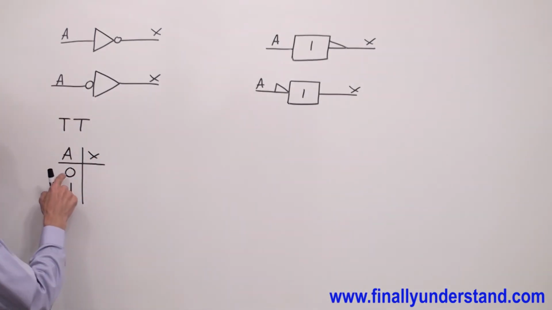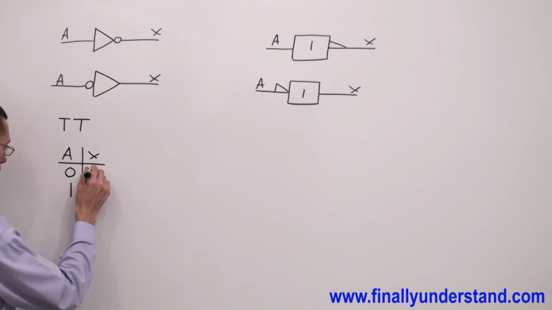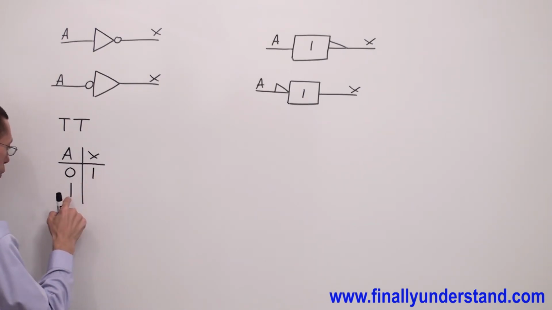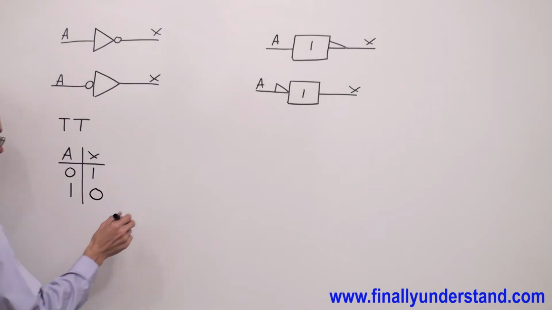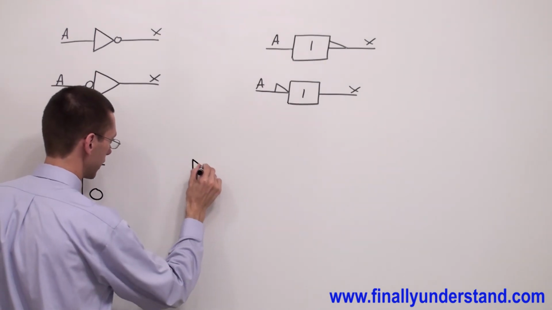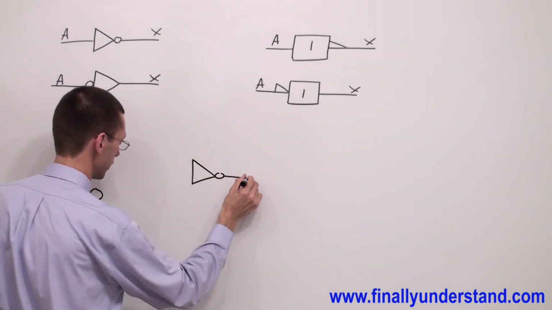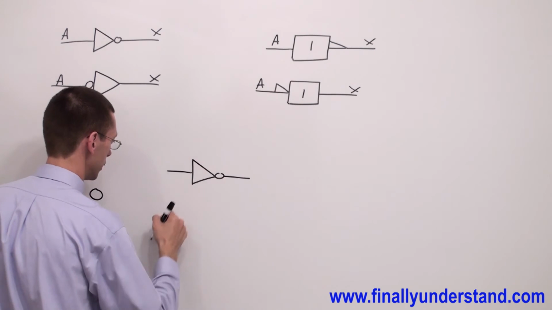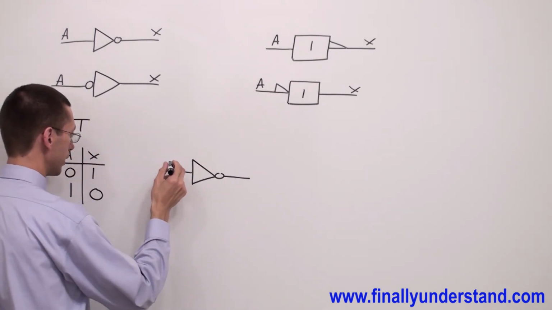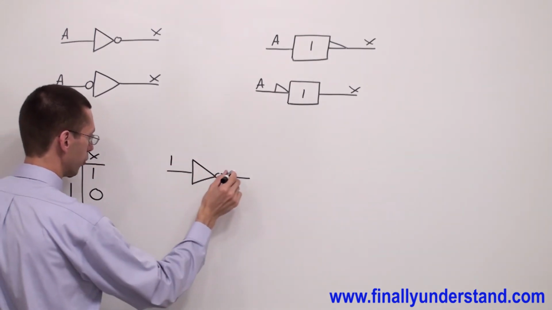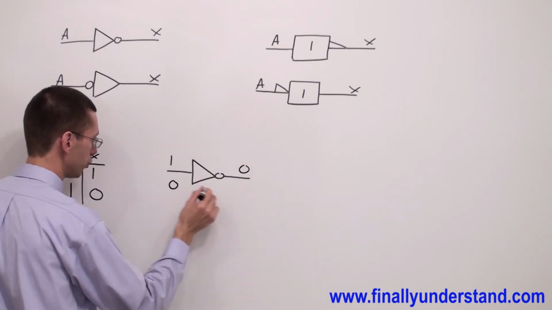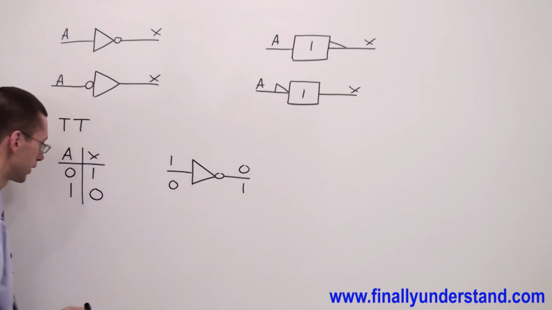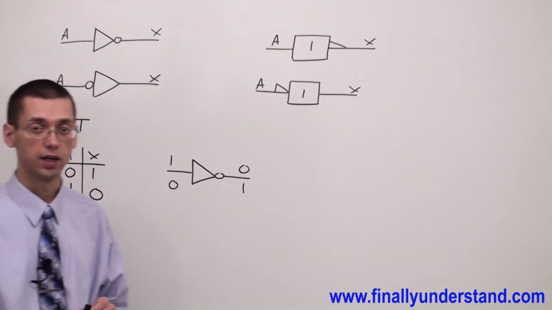So if I have 0 at the input, the output is going to be 1. If I have 1 at the input, the output is going to be 0. Looking at the diagram, this is my inverter, the most popular symbol, and when input is 1, output is going to be 0, or if input is 0, output is going to be 1. This is basically what this truth table means.